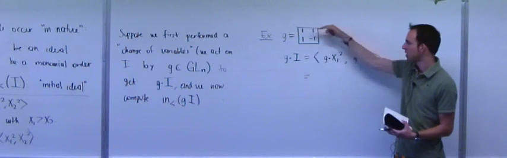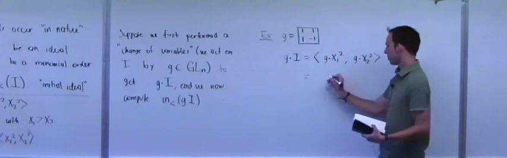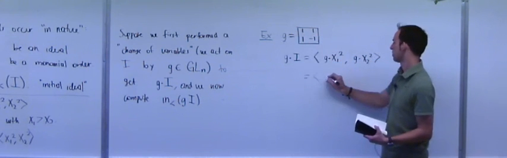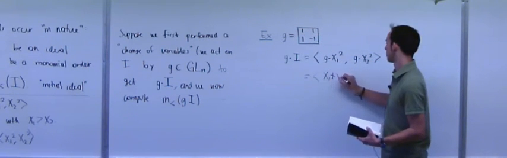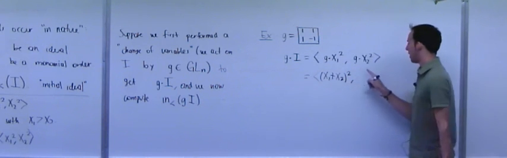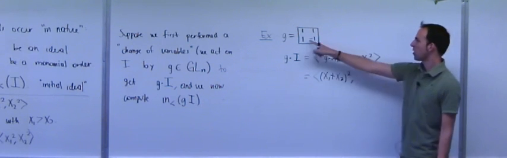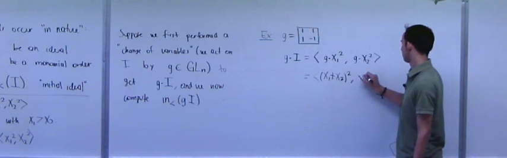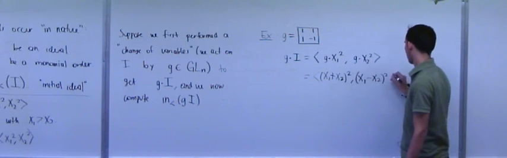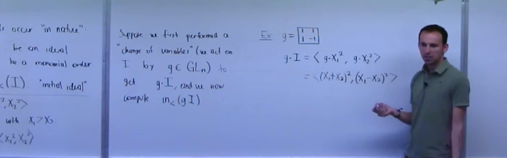Okay. So what happens here is that this x1 now becomes x1 plus x2. And x2 now becomes x1 minus x2. Okay. So this is the ideal that I get.